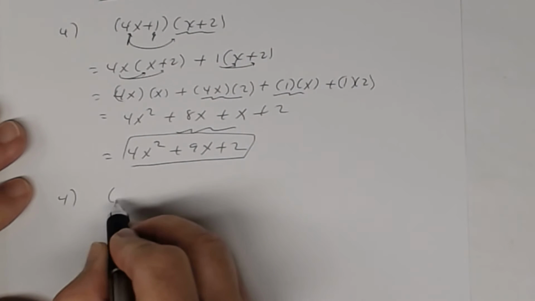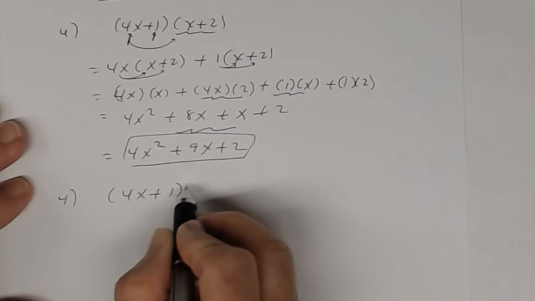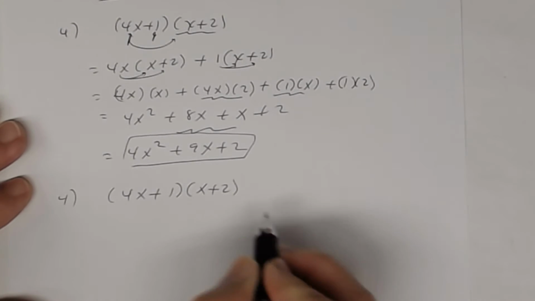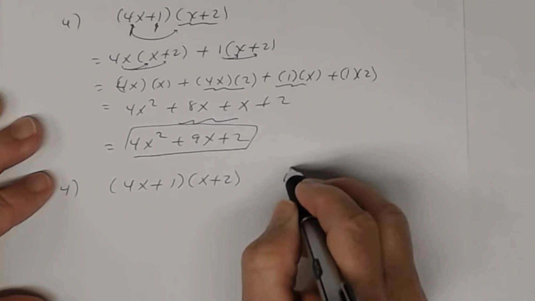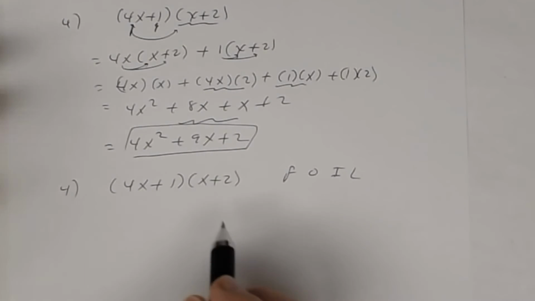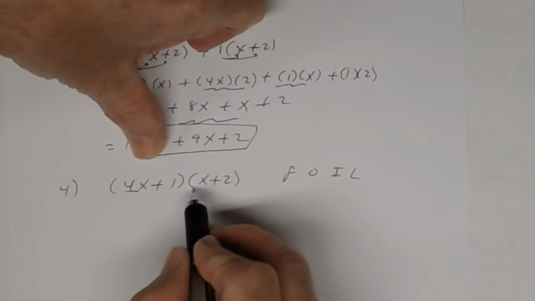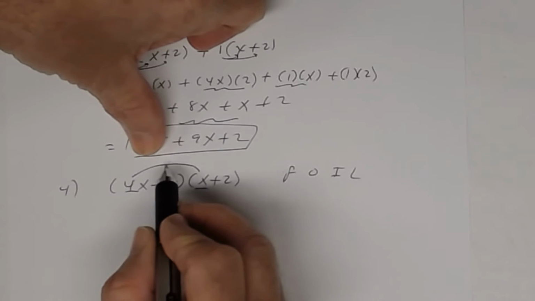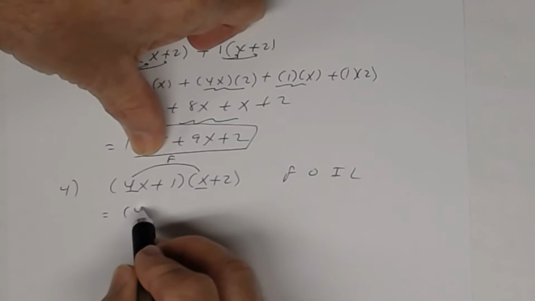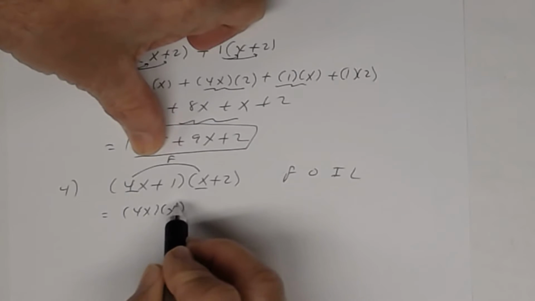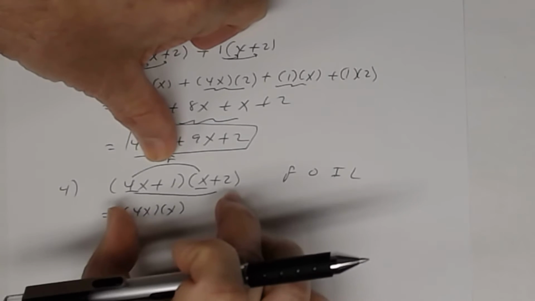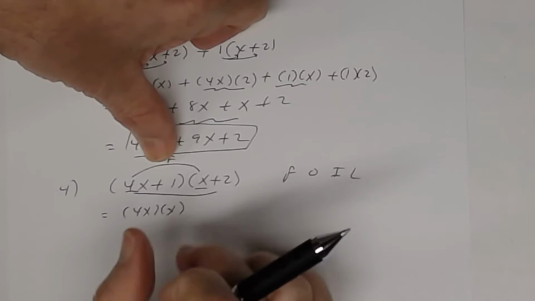Now, if you look at number 4 again, since those are two binomials, you could have used the FOIL method, right? So FOIL: first, outer, inner, last. So the first term of each binomial, you're going to multiply those together. So this says 4x times x. The outer, so if you look at that expression, you're looking at the outside terms.